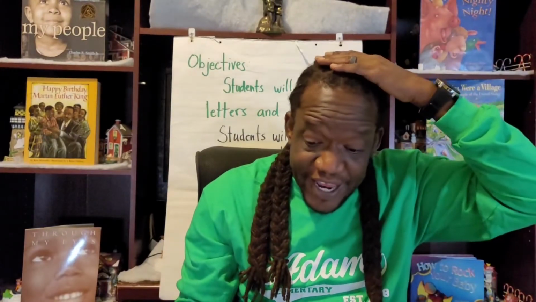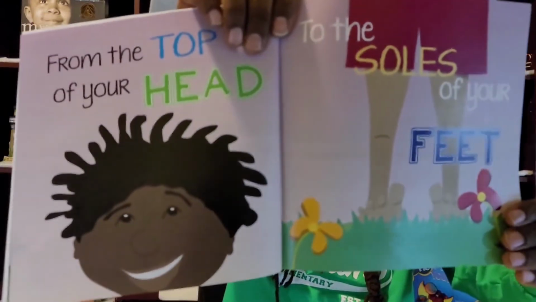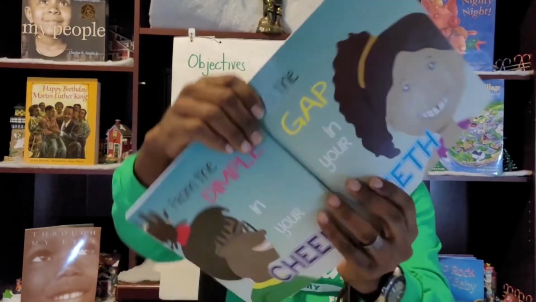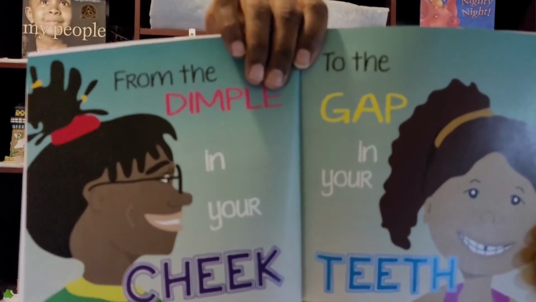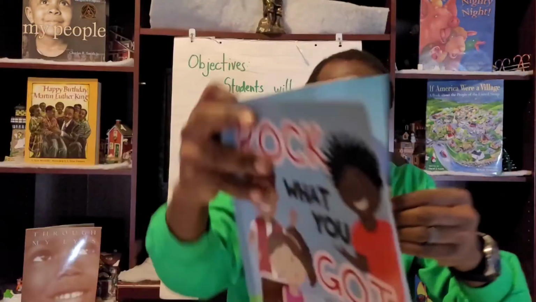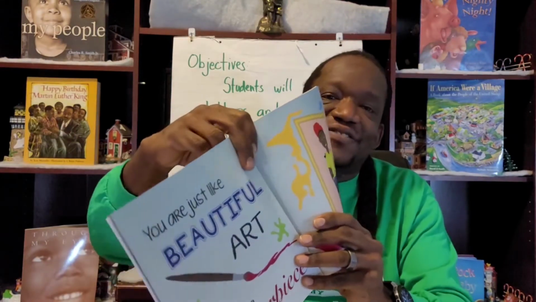From the top of your head to the soles of your feet, from the dimple in your cheek to the gap in your teeth. You are just like beautiful art, a stunning masterpiece.